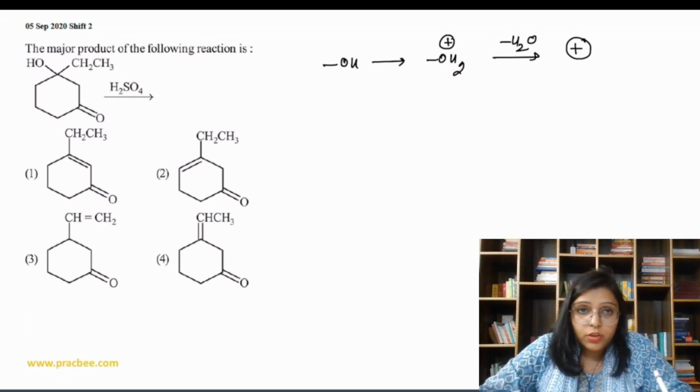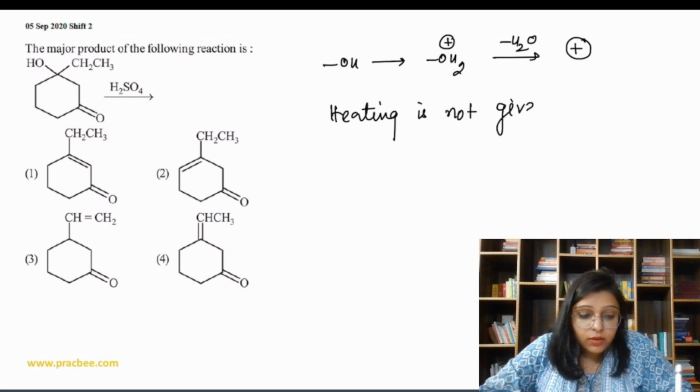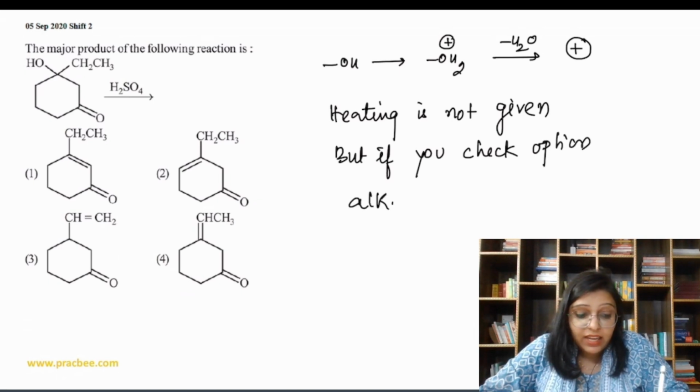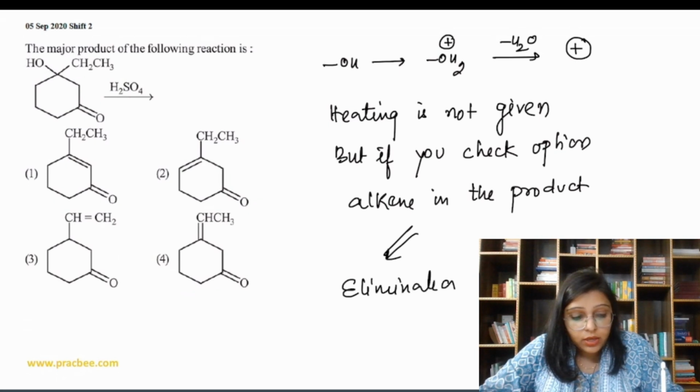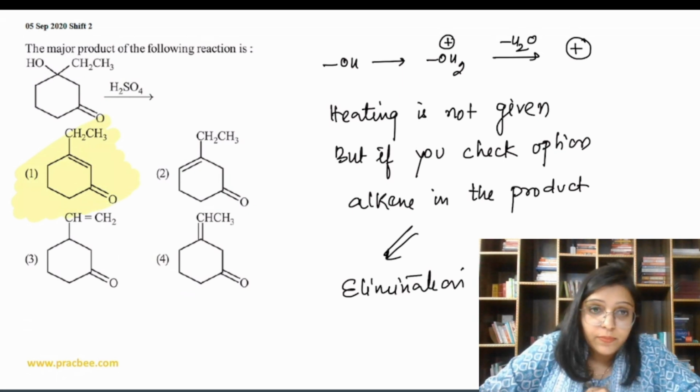And now if you look at the options, heating is not given, but if you check the options, we have alkene in the product, so it means you have to do elimination, and when you do elimination you get option number 1 as the correct answer. So just try it at home.